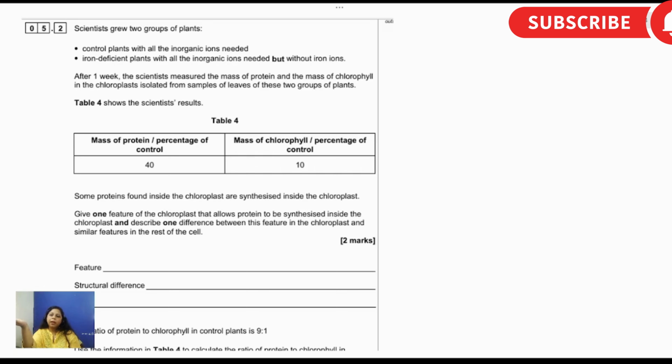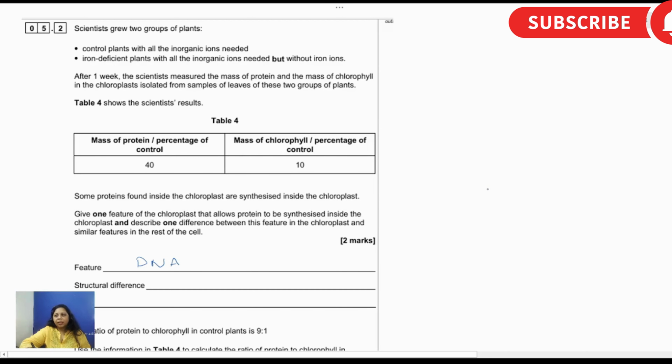Because these have their own DNA, they can make their own protein. So how is the chloroplast DNA different from the nuclear DNA?